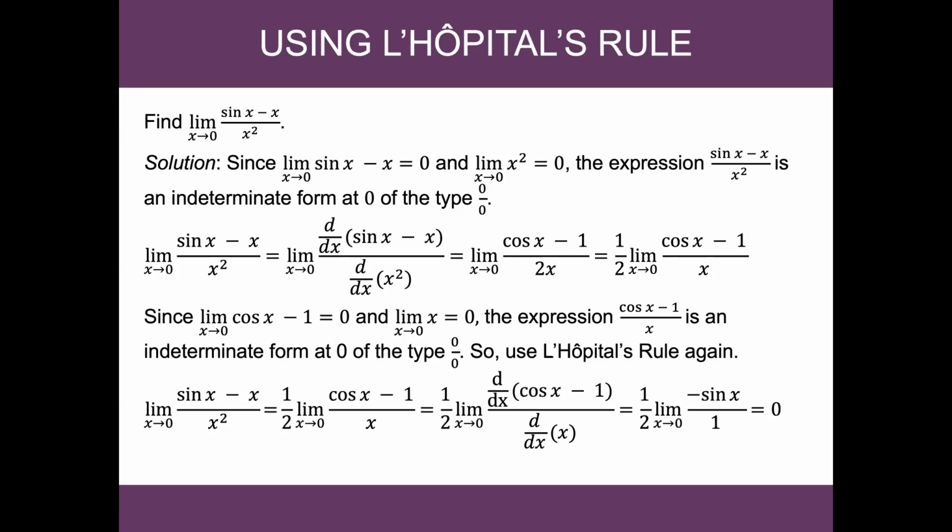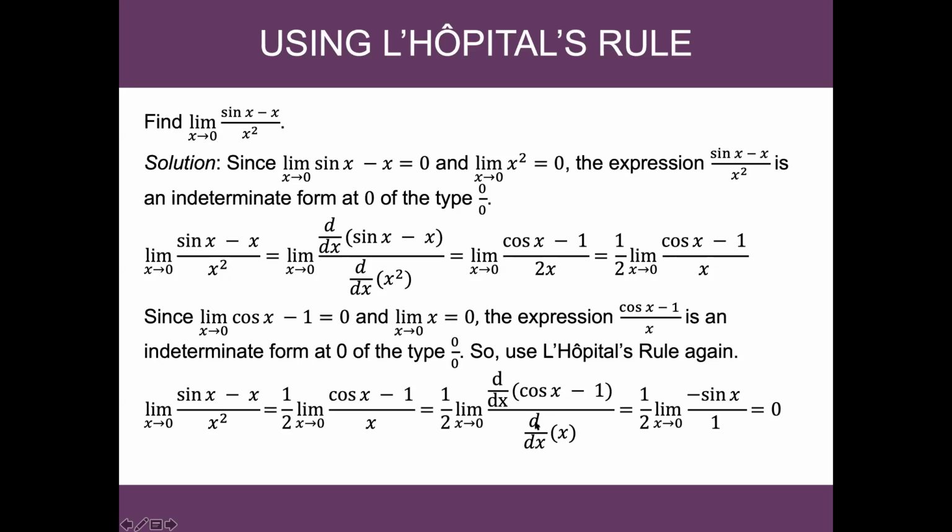You start from where you left off, which was cosine minus 1 over x, and you take the derivative of this term over the derivative of this term. The derivative of cos is minus sine. The derivative of minus 1 is 0.